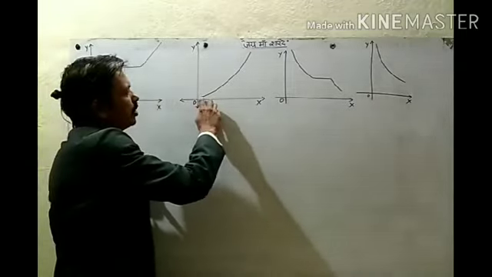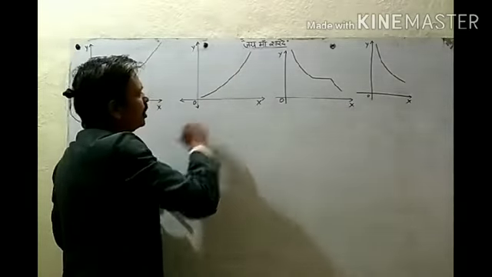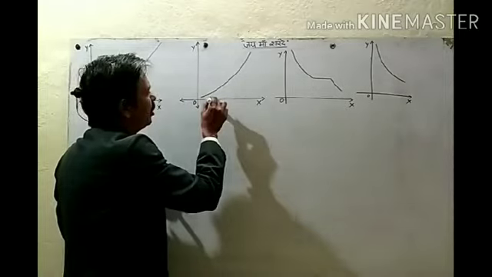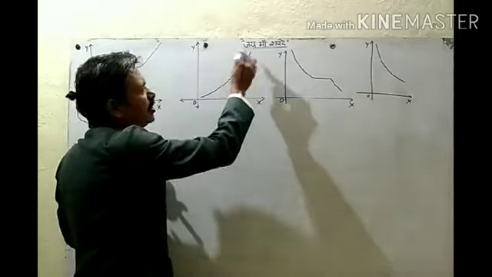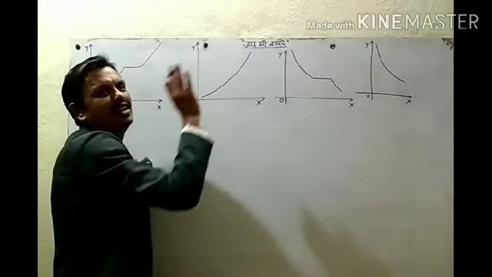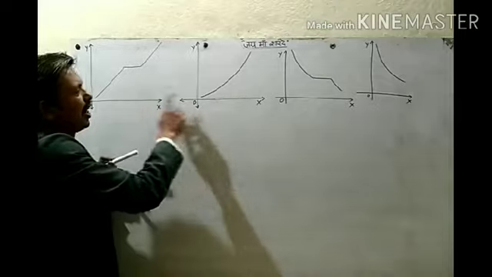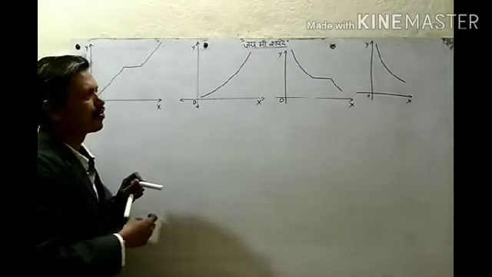Then here this graph is going up only, always. For different x values the function values are different, so it is a strictly increasing function: increasing and strictly increasing.